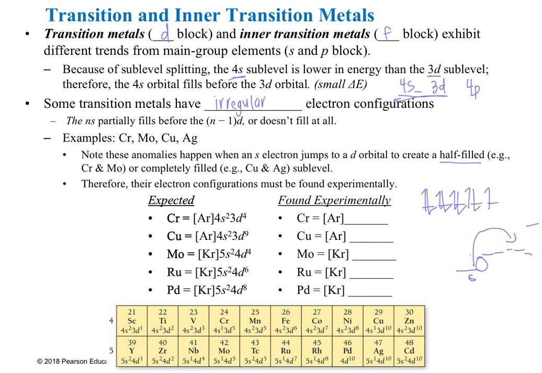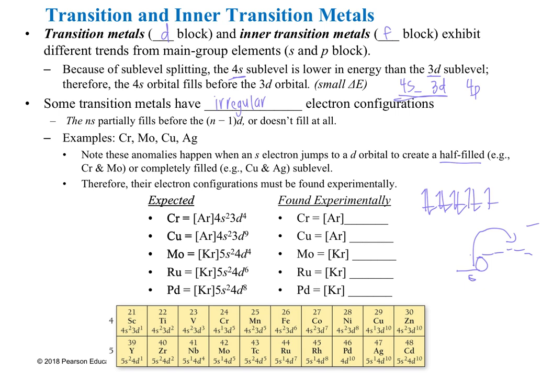Now when atoms are completely filled or half filled, their energies are lowered. It's more stable when electrons are not being repelled by another electron that's in its same shell, or when it is all the way matched up. So we'll see that with chromium, for example.